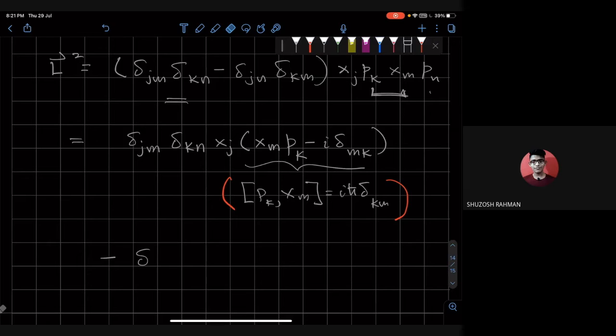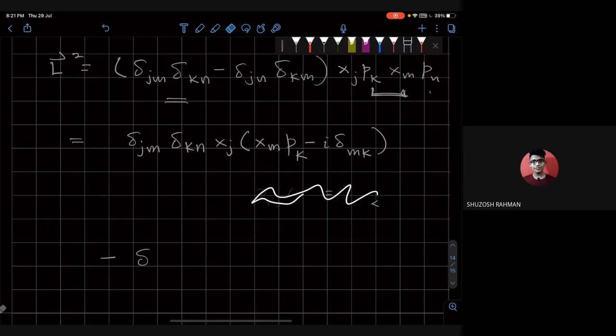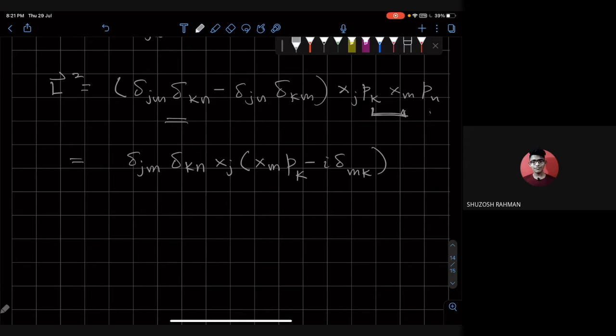So let me erase this, otherwise it'll cause confusion. So we have p_n here, and then we have minus delta_jn delta_km, and then we will exchange these two guys.